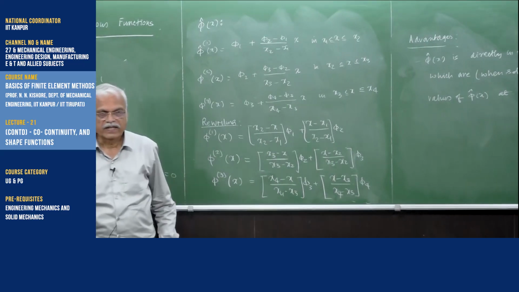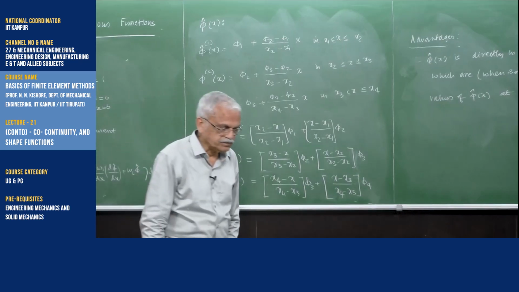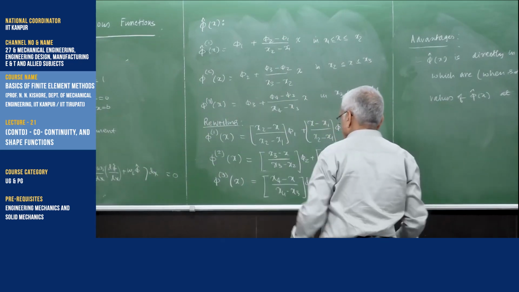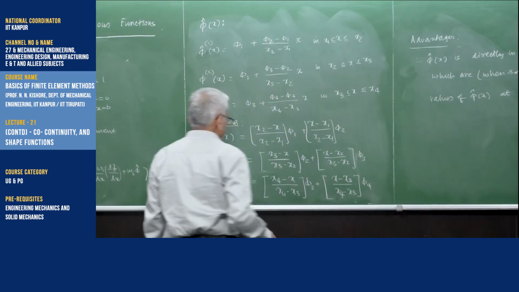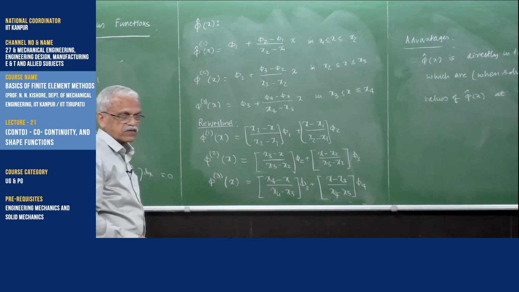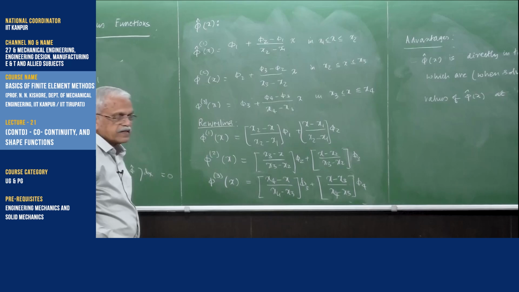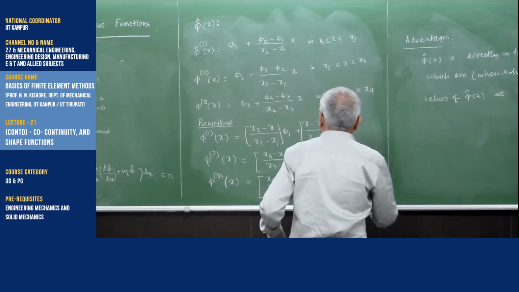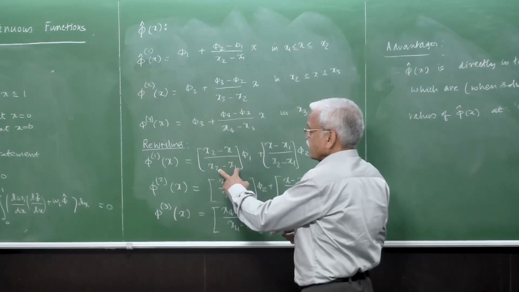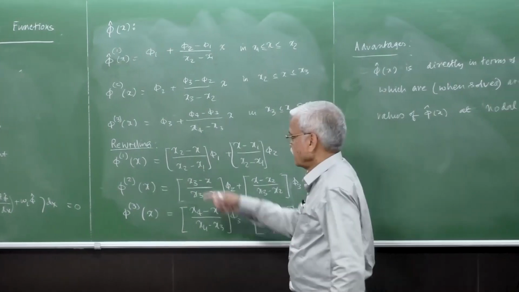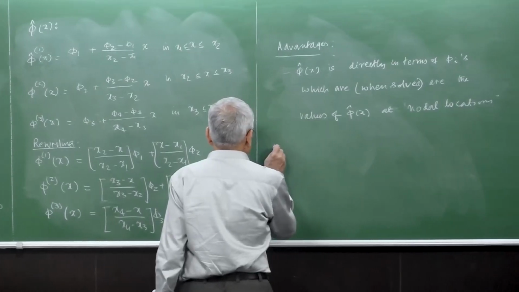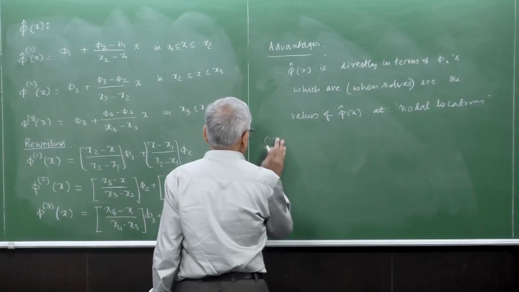So that's the advantage, right? That's number one. Number two is, of course, that these are piecewise defined continuous functions. Another thing is, what is the equivalent of psi here? The one before the coefficient is nothing but the psi. So we can write this one. We will rewrite this.